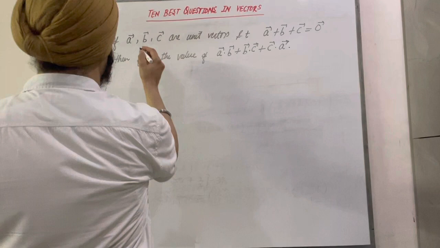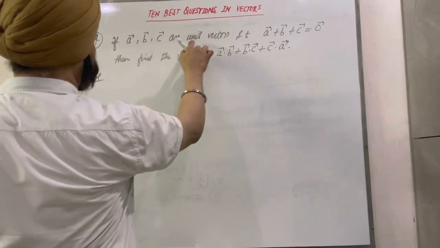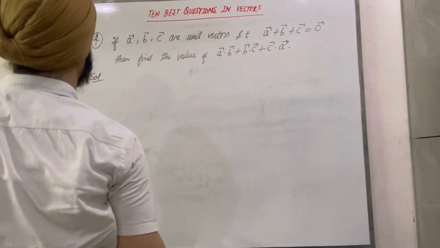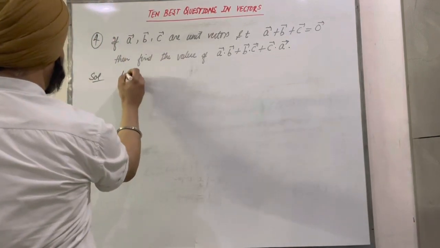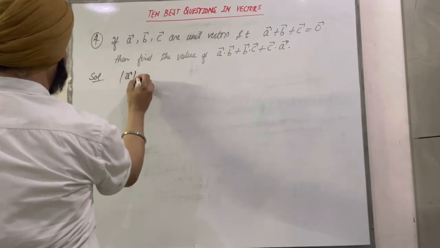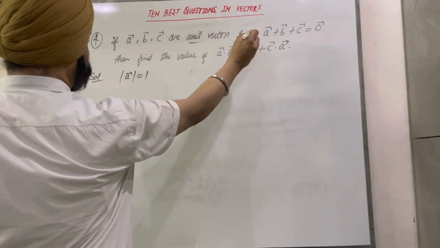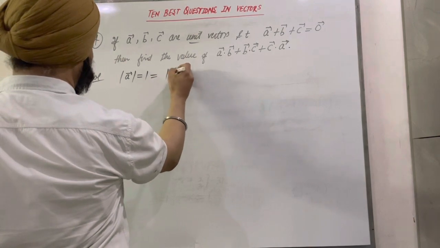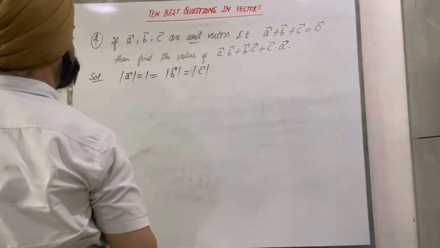Now, when they say that A, B and C are unit vectors, that means the magnitude for each one of them is unity. That means I can write the magnitude or modulus of the first vector is 1. Unit means 1. Same is true for vector B and same is true for vector C as well.